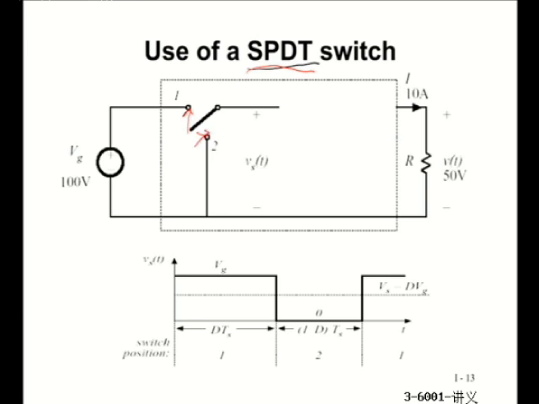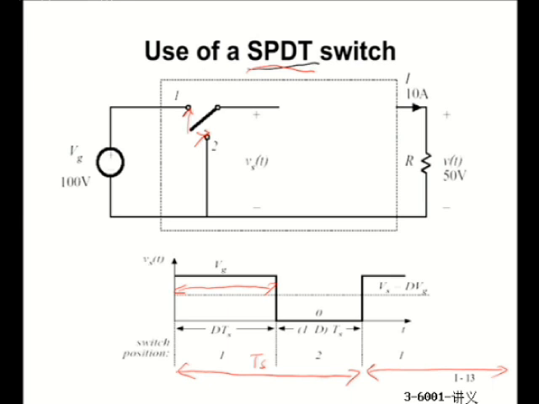If we control this SPDT switch in a periodic manner, that means we control this switch periodically. In every period, let's say the period is Ts, we put switch at position 1 for some time. This is the time duration we put switch at position 1.